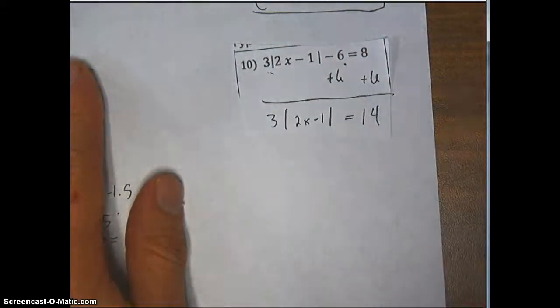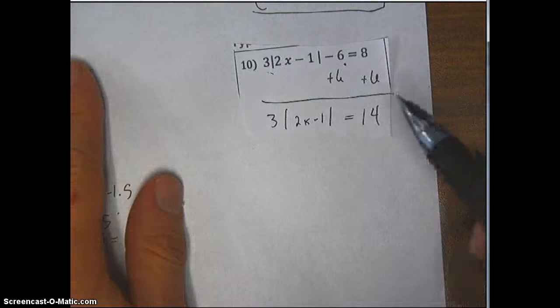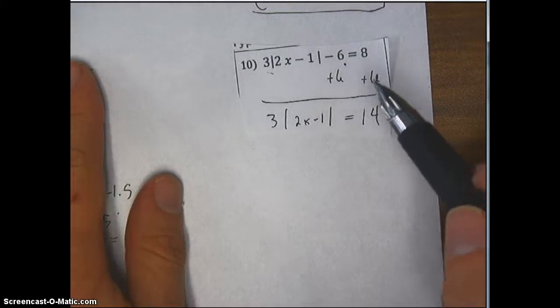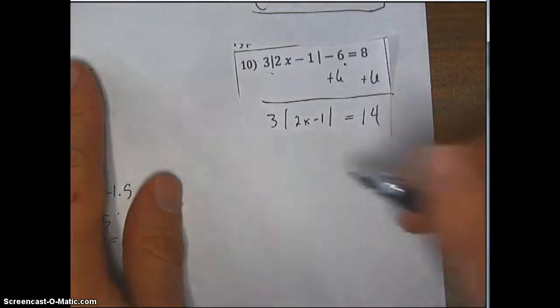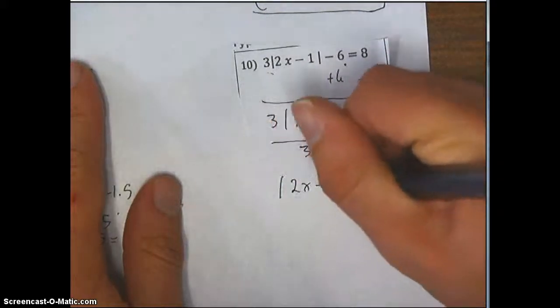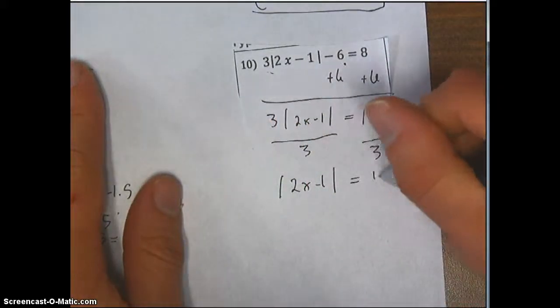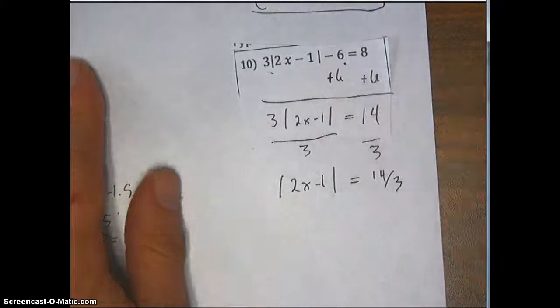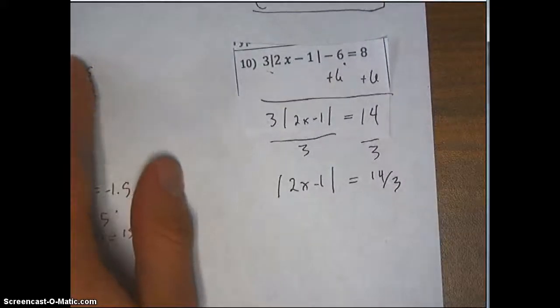And then I'm going to want to get rid of that 3 by dividing it. Divide by 3, divide by 3. So absolute value of 2x minus 1 equals 14 over 3. I'm going to keep that as a fraction because that's an ugly decimal.